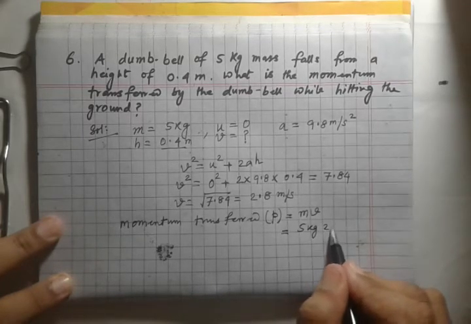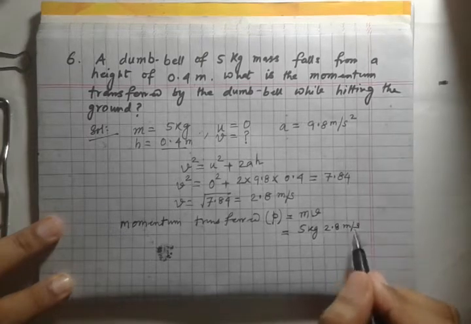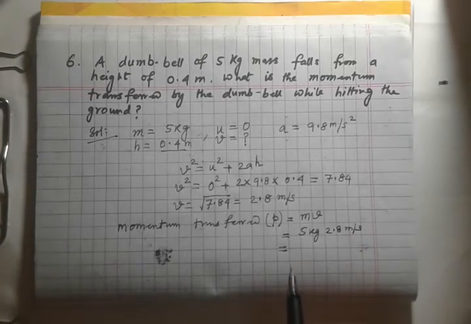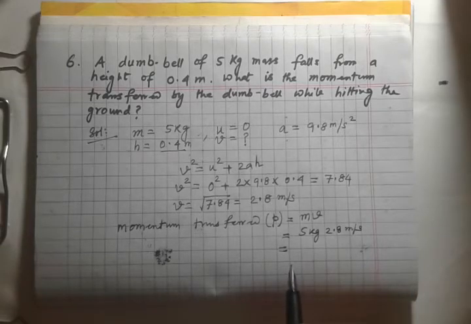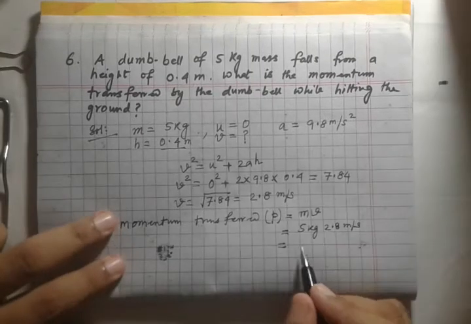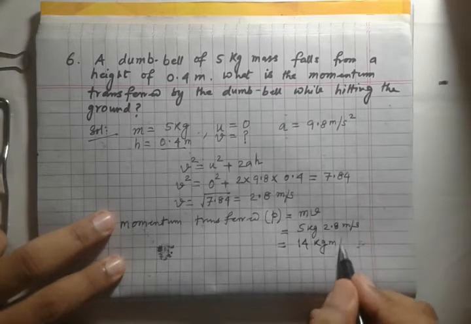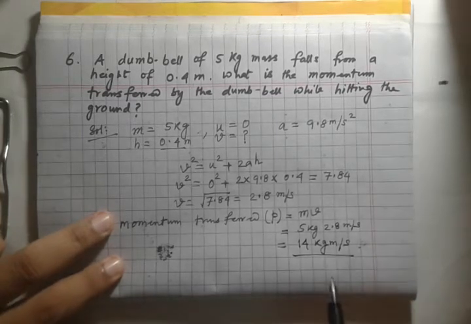Velocity is 2.8 meter per second. So if you multiply this one, how much will you get? 5 into 2.8. You will get 14. Okay, so 14 kilogram meter per second. So this is your answer.